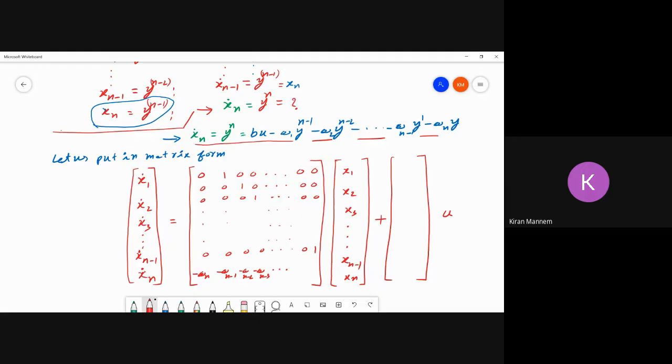Y is nothing but your state variable x1, right? So if you rewrite this equation, you will get that. If you don't understand, you just check the equation, you will get it. Just replace again your y terms by x terms, your state variables.